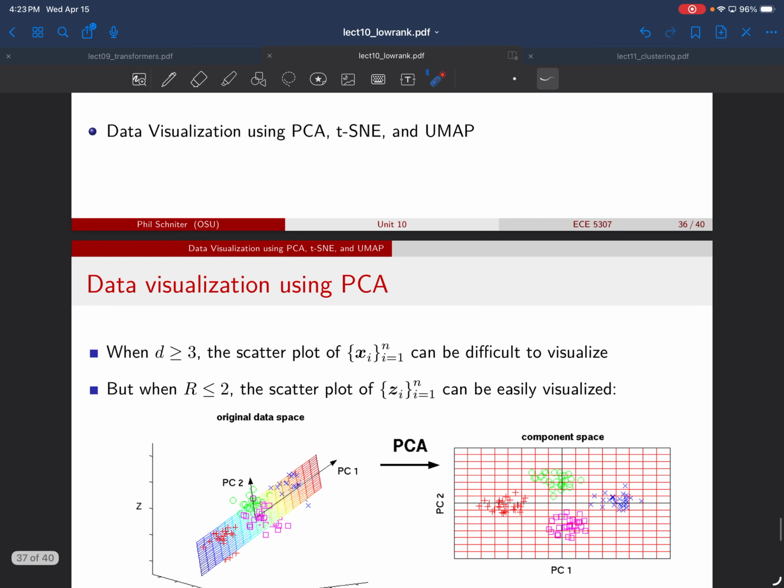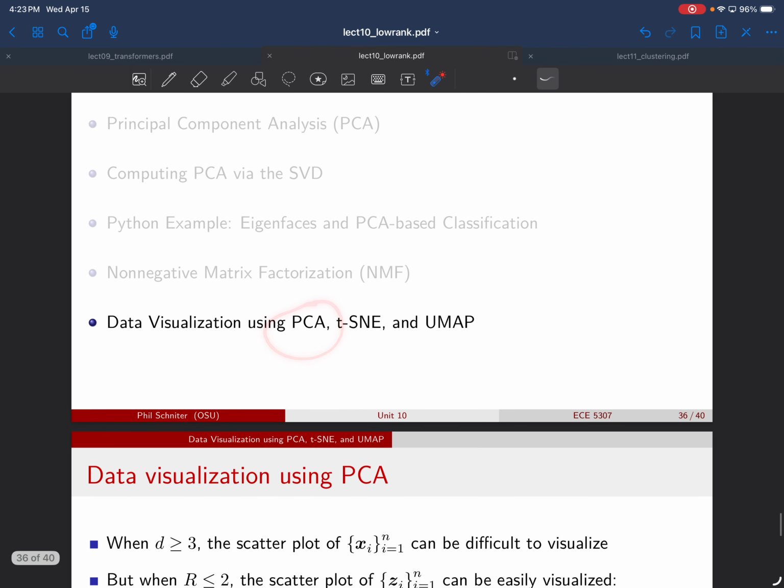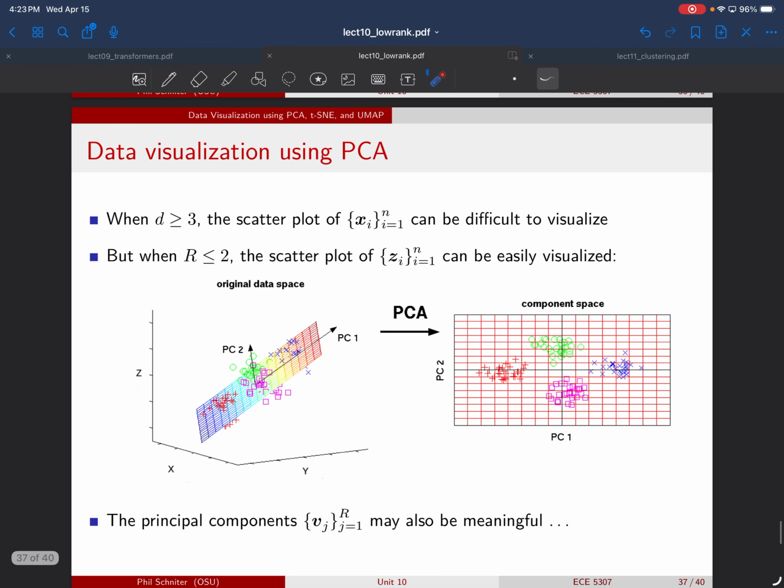Okay. The last thing to talk about is data visualization, which is another thing that PCA is used for. So the idea is that if you have high dimensional features where the dimension D is greater than 3, or let's say greater than 3, 4, 5, 6, up to thousands or millions, it's difficult to visualize those feature vectors.